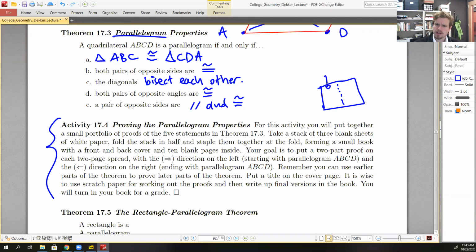And on one side of each of these pairs of pages, you should prove the forward direction, and on the other side, you should prove the backwards direction. So that is an activity for you guys to do, and it is part of the homework for this section. So feel free to read this, and if you have any questions, let me know.